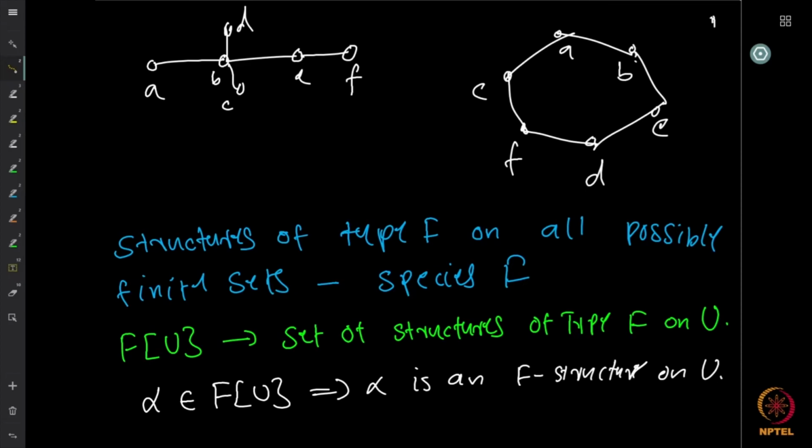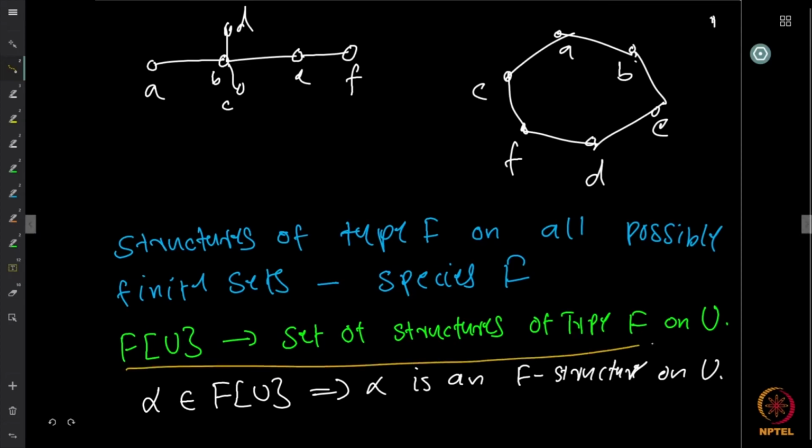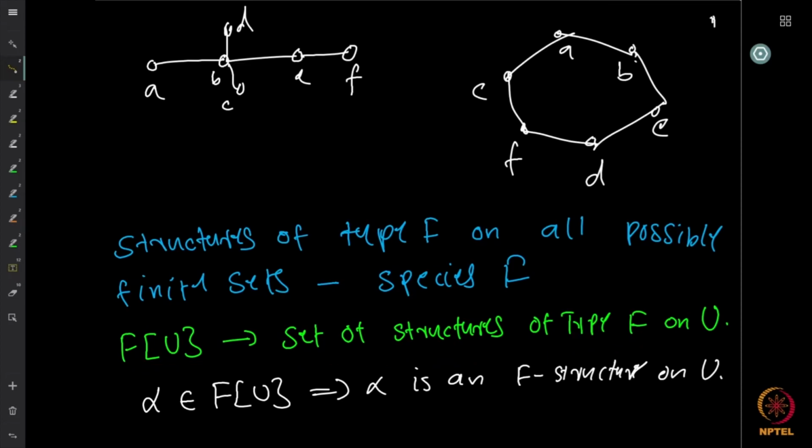So F of U is the set of structures of type F on U. So if it is the collection of permutations, then it is all possible permutations, right? Whatever is the cardinality of U, that cardinality of U factorial many permutations are there on the specific set U. So that is the set of structures of type permutations on the set U, right? So F of U in general denotes the set of structures of type F that is made on the set U.